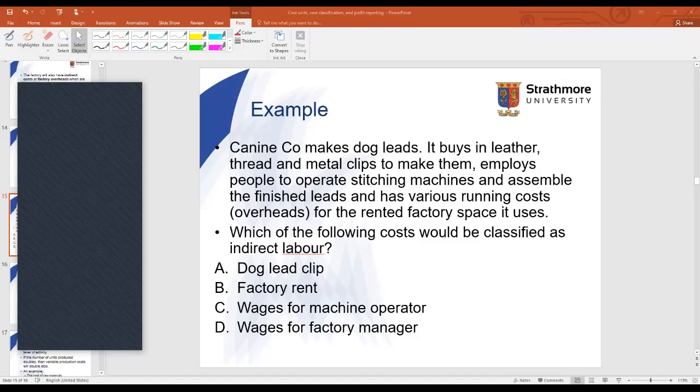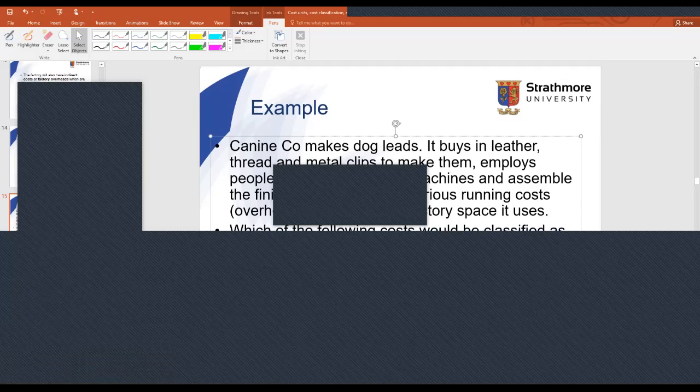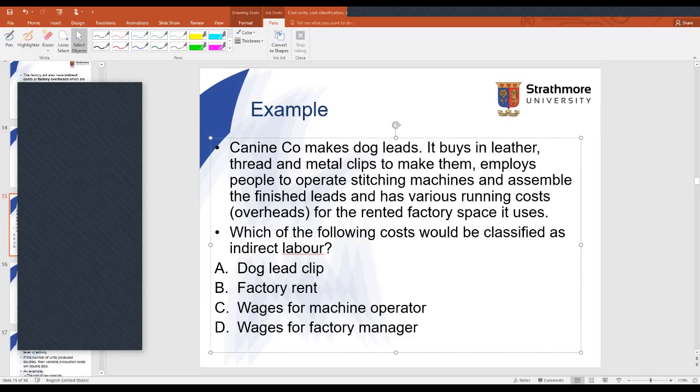Actually, I think it's an indirect cost. True, it's an indirect cost, but how do you classify it: material, labor, expense? It's an indirect expense. Okay, indirect expense. Great.